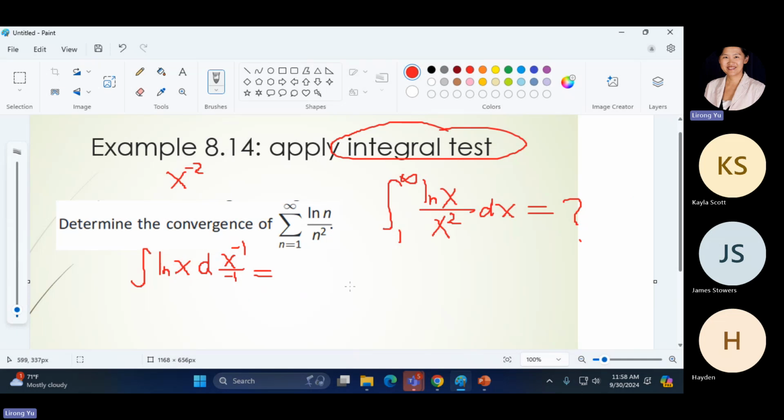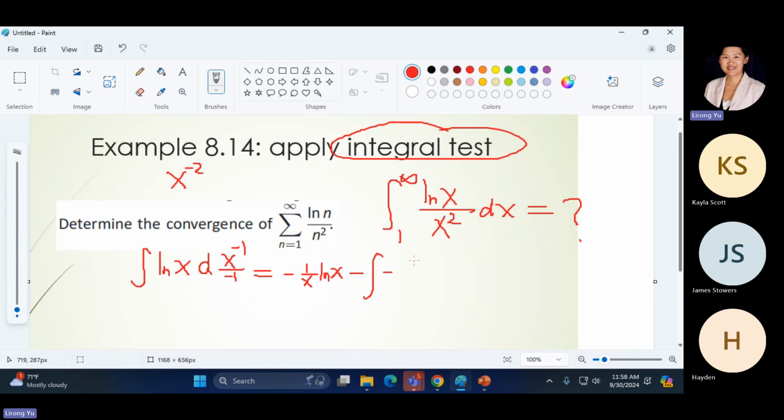Okay, so that's now in the format of u dv, and the integral is going to be uv, which is -1 over x times ln x, minus the integral of v du.